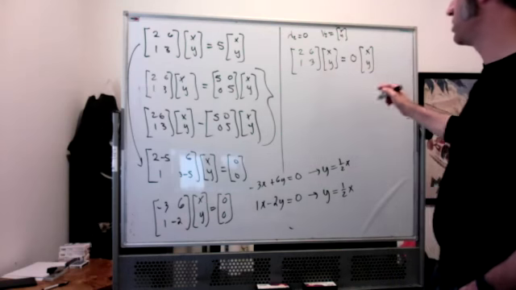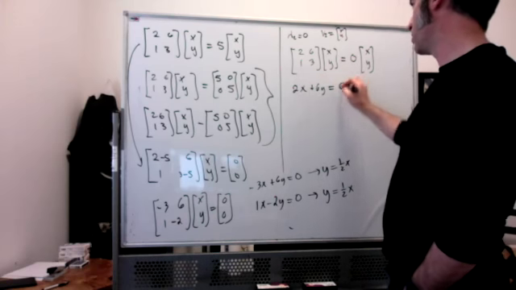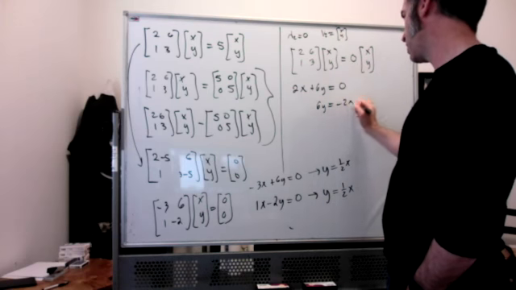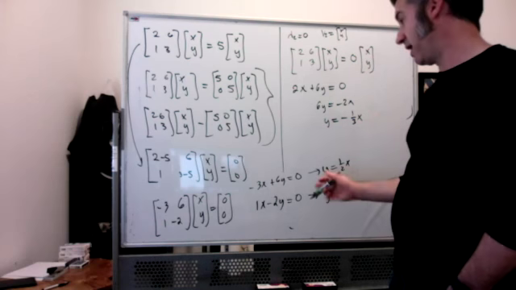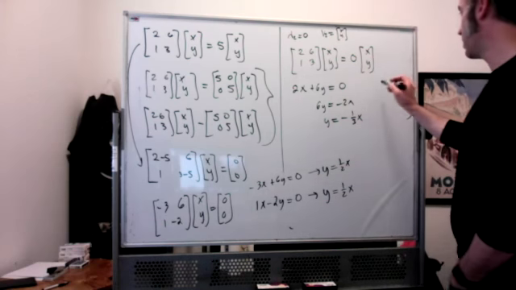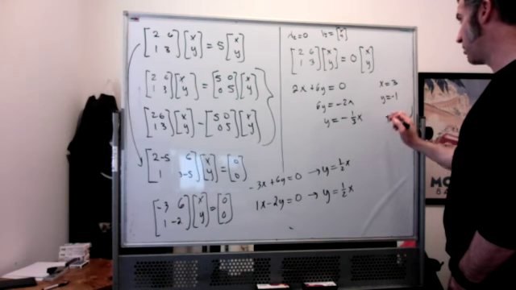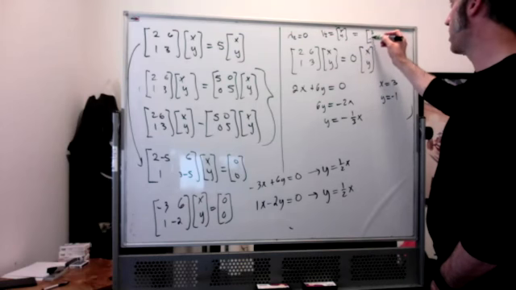So when we do this, we get 2x plus 6y equal to 0. Solving for y, 6y equals negative 2x, y equals negative 1/3 x. And if I had to pick, I would pick x equal to 3, y equal to negative 1. So my eigenvector was the eigenvector 3, negative 1.